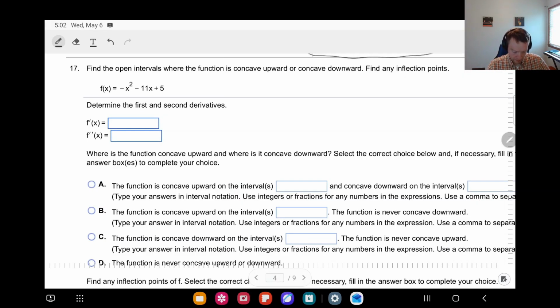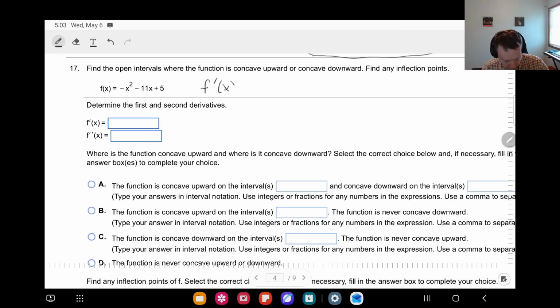So number 17. Find the open intervals where the function is concave upward or concave downward, and find any inflection points. When you see any of these words like concave upward, concave downward, inflection point, that all has to do with the second derivative. Here they're first wanting you to find the first derivative. That's just because you need it anyway to find the second derivative.